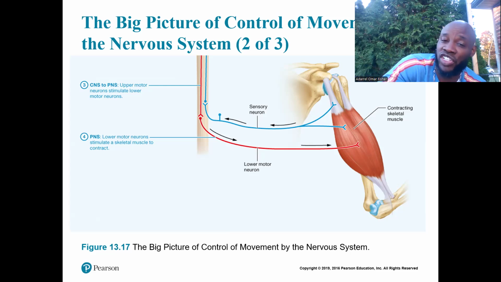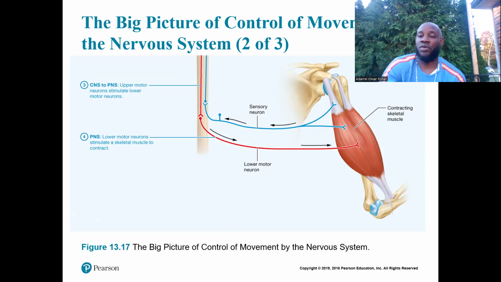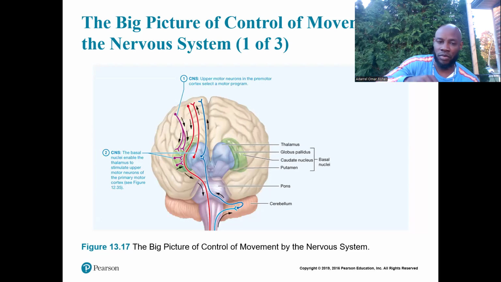And at the same time, a sensory neuron is sensing that movement. And that's what's going on as well. So when my brain, upper motor neurons, through my basal nuclei are allowing this to happen, I'm sending this program how I'm going to pick up my glass, sending a signal to my lower motor neurons that are sending signals to the muscles in my arm, allow me to pick up the glass.